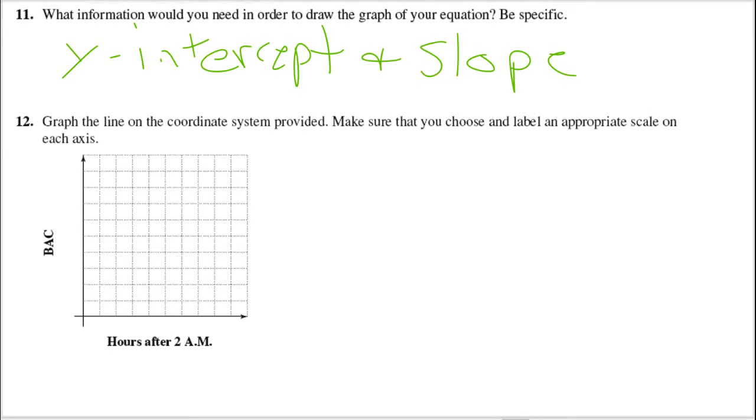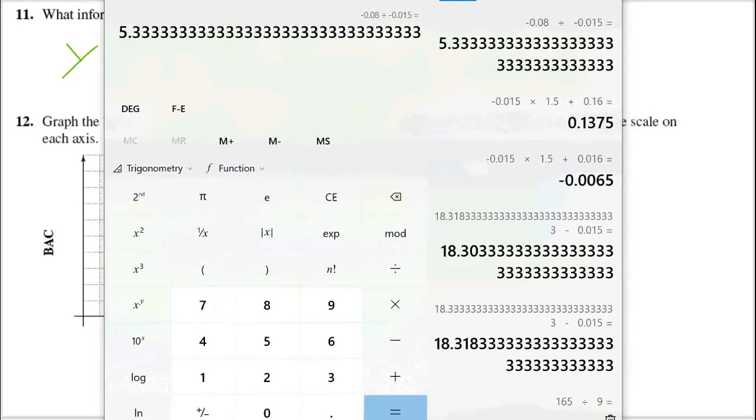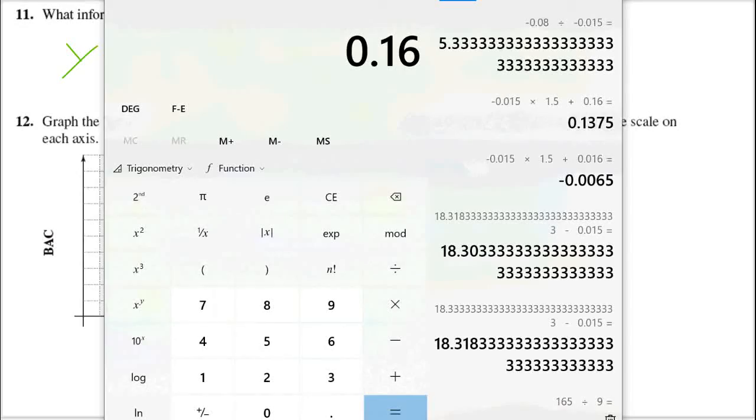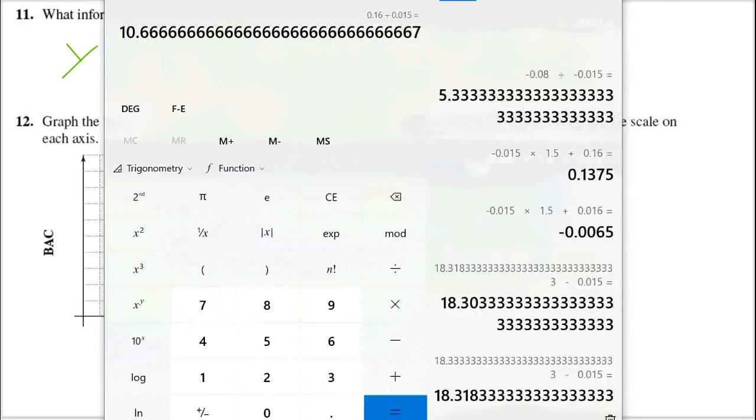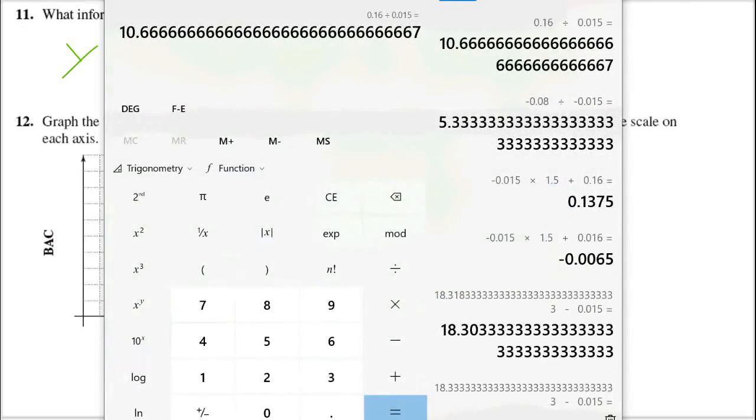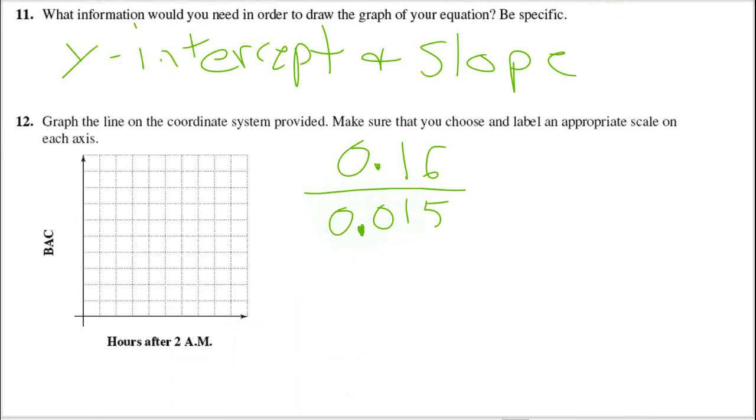But I'm going to take my 0.16 divided by 0.015. Okay, so I'm going to have to go 10.6666 hours to get to 0.